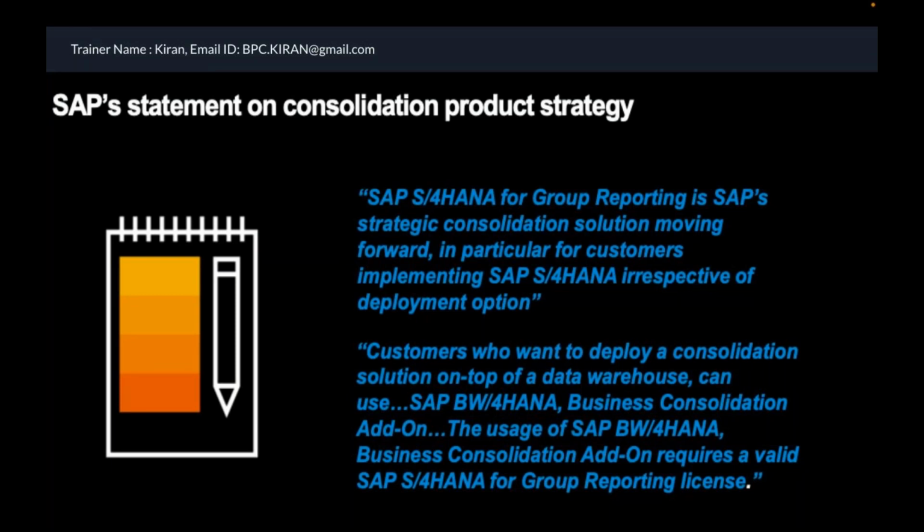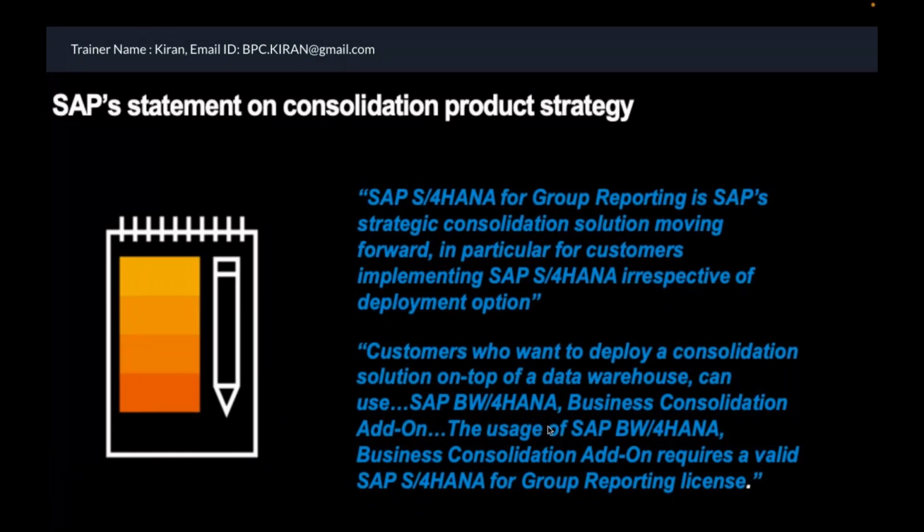They say that if your customer implements S/4HANA, irrespective of deployment option, whether central finance, on-premise, or cloud, they can go for group reporting. SAP S/4HANA for group reporting is SAP's strategic consolidation solution moving forward, in particular for customers implementing SAP S/4HANA irrespective of deployment option.